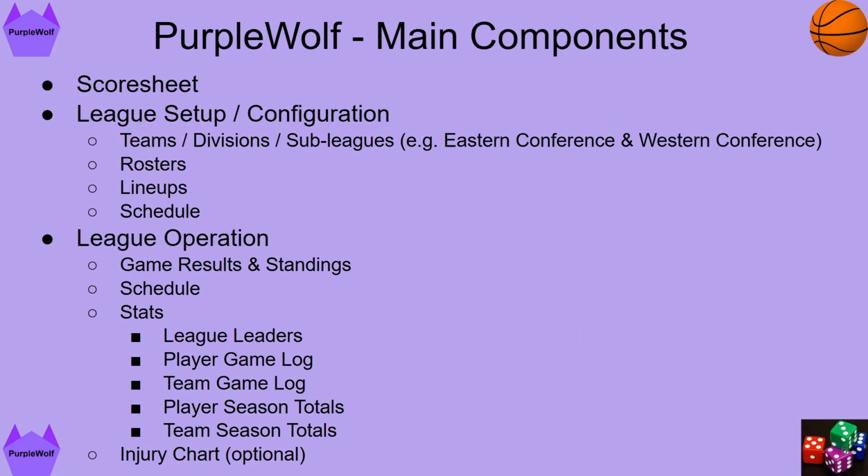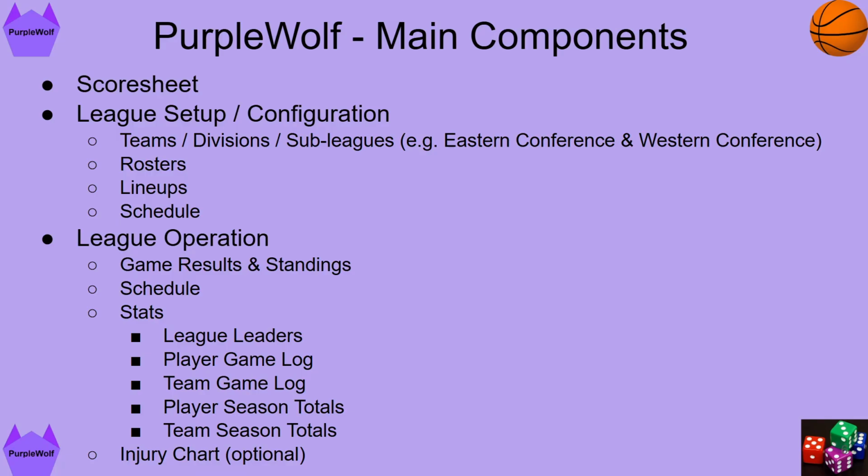So let's get back to PurpleWolf and what it is and how it works. The main components, which are very similar to the other two spreadsheets, are that you set up a league, you have a score sheet to enter the game results, and then you have parts of the spreadsheet to maintain or operate your league.